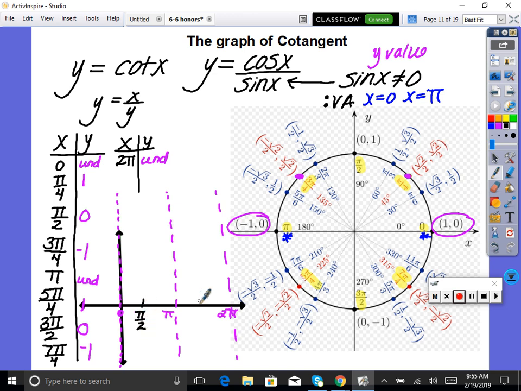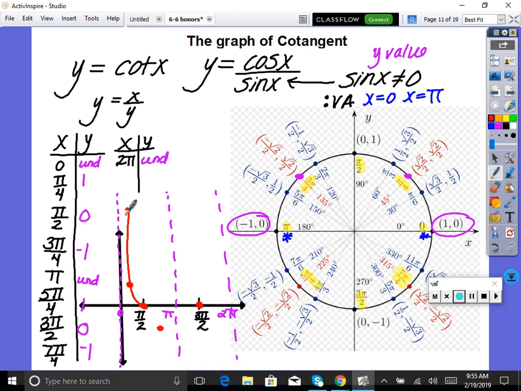This is 3 pi halves. Isn't that where our zeros are? Halfway between, just like with tangent. Look at pi halves, and look at 3 pi halves. You guys see how those are the zeros? Just like with tangent. It looks almost just like tangent. And then notice at pi fourths, we're up at 1, and at 3 pi fourths, we're down at 1.